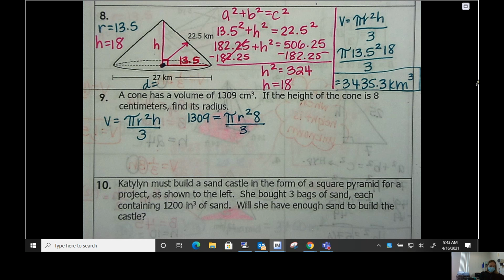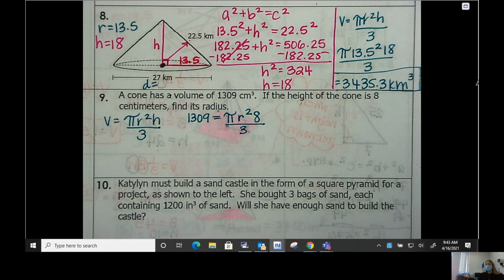So on the left, we're just going to straight up multiply. 1,309 times 3, I get 3927 equals. Now what happens on the right side? The 3 cancels out. I'm just left with pi r squared times 8. Sorry, 8, not h. My bad.